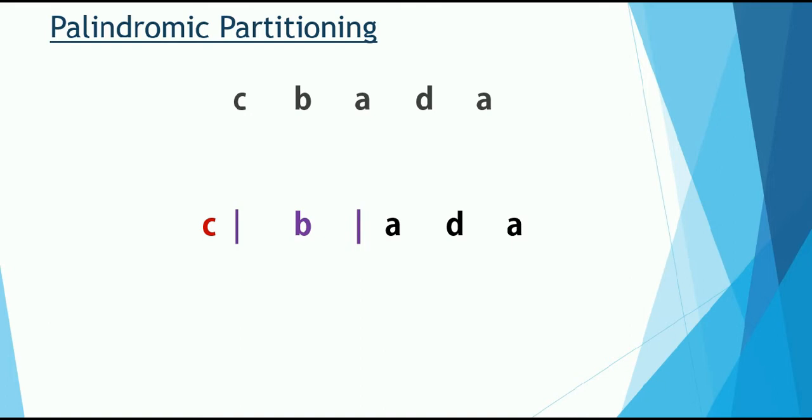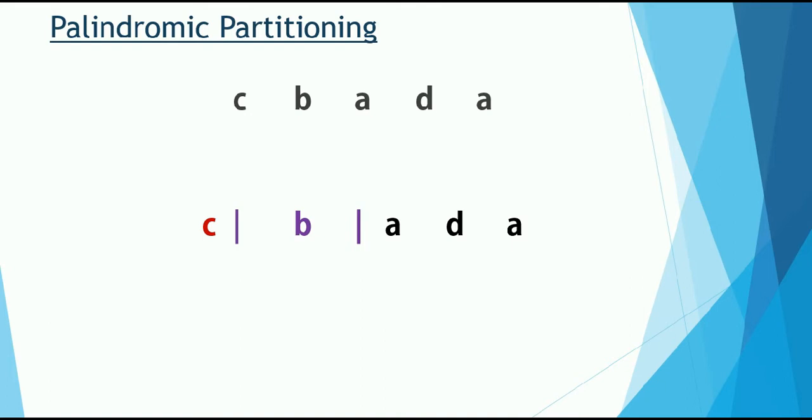The first palindrome is C, because it's an individual letter, so it is a palindrome in itself. B is also an individual letter which is a palindrome in itself, and ADA is a genuine palindrome with more than one letter.